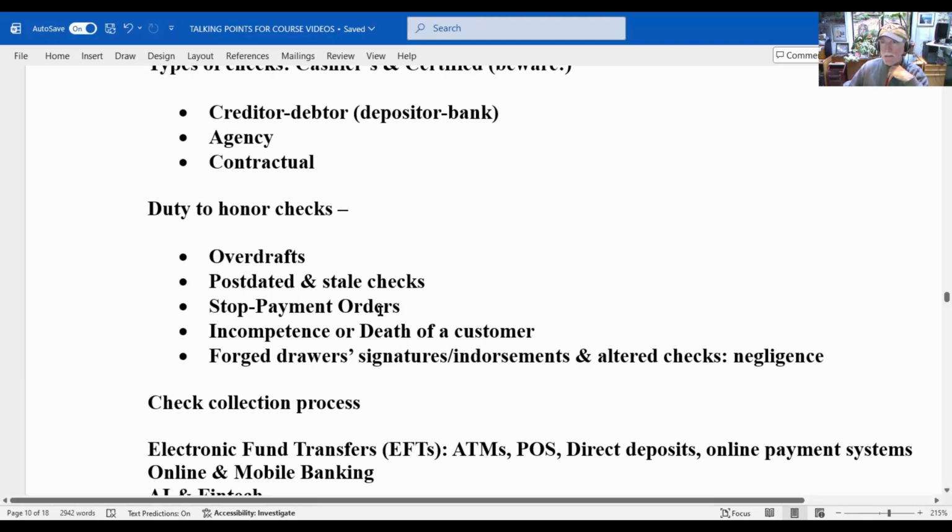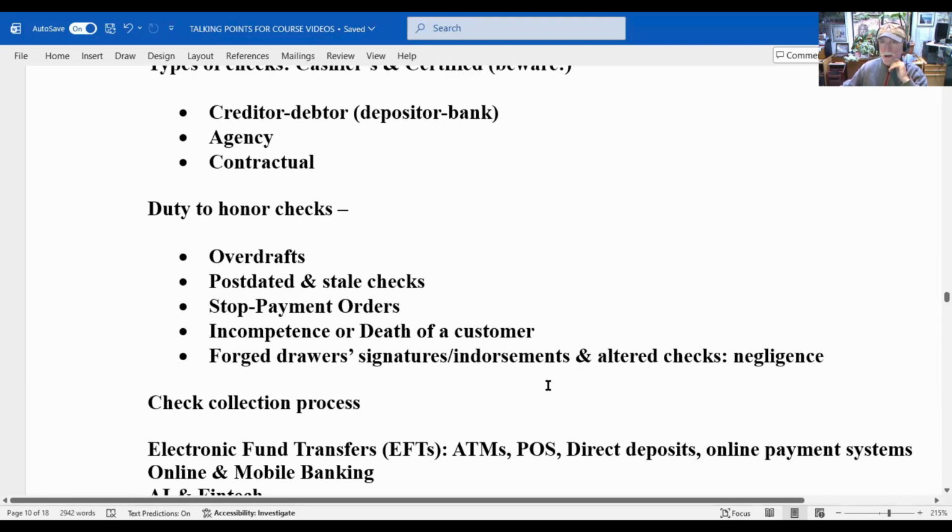The danger with the stop payment order is that the check is not destroyed. It's still out there, so an unscrupulous person could try to run the check again, see if they can get it paid. Other issues, incompetence or death of the customer, depends on when the bank is aware of that, and checks can still be processed for a certain period of time after the death.